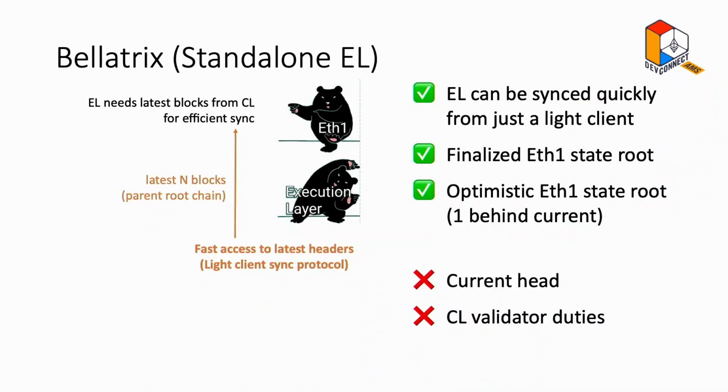The only thing you cannot do with this is use the current head, because you are always one behind. This also means you cannot really follow validator duties with a Light client, because you need access to the shuffling and also the current block.